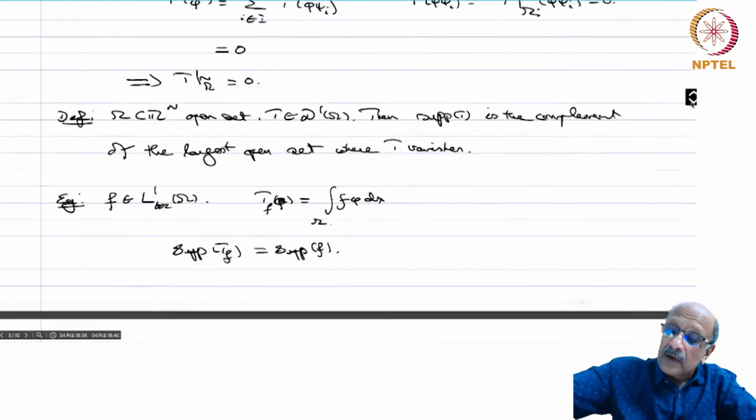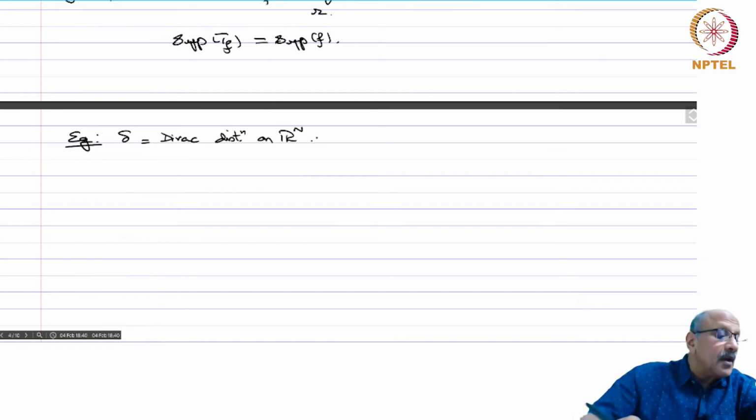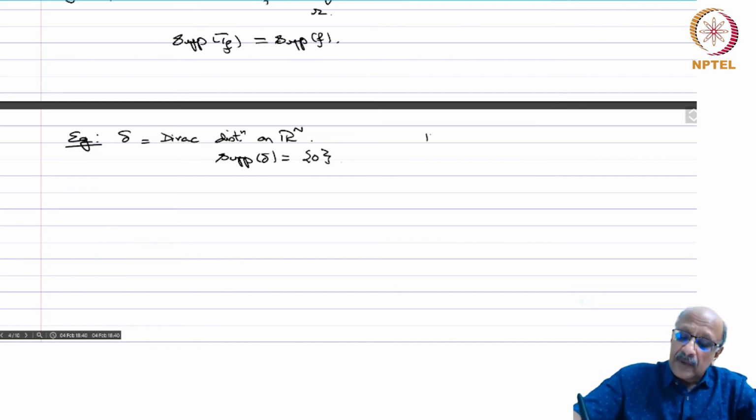Okay, now let us look at one more example. δ equals the Dirac distribution on R^n, and then the support of δ is in fact equal to the singleton {0}, because if you take R^n minus 0 and you take φ such that the support of φ is contained in R^n minus 0, then φ(0) is 0.